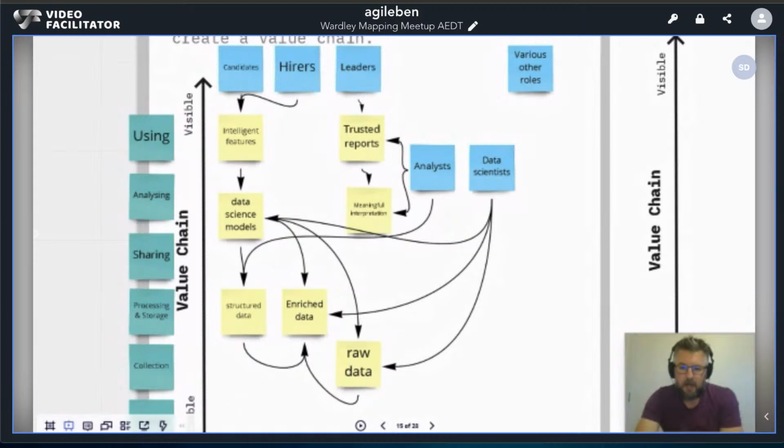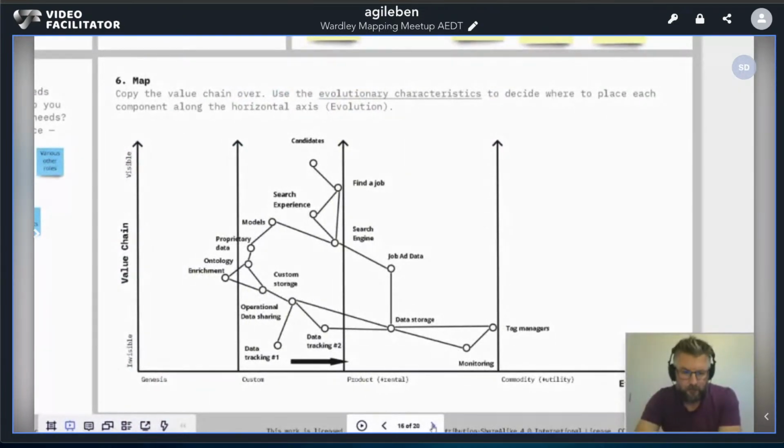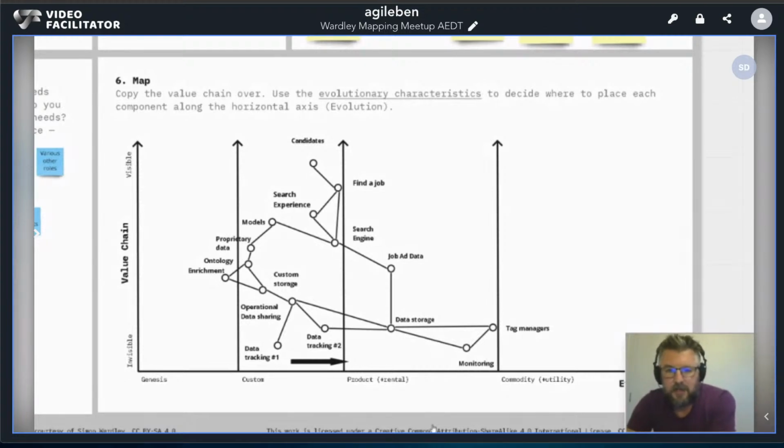Okay, so then we'll move on to the map. In this particular example, rather than dealing with every issue or every need that we described earlier, because we had a really big problem space, we decided to dig into just one key user need and start to map that out.